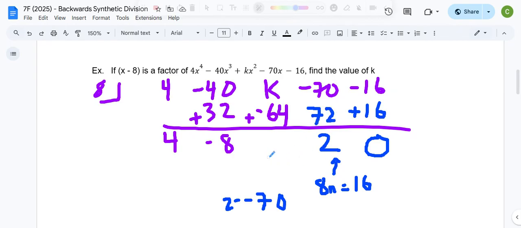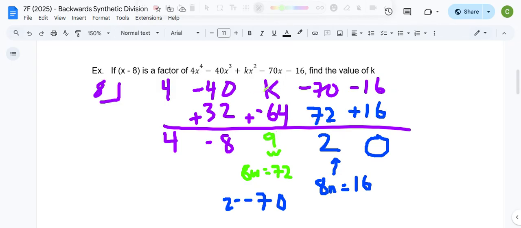All right. Let's call this number right here w. Okay. So we know 8 times w is going to equal 72. All right. So this w here is going to equal 9, because 8 times 9 is 72. All right.